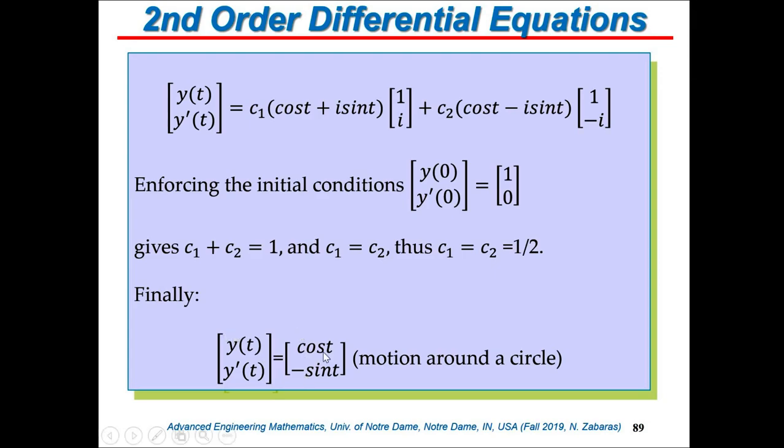The general solution that you get is y being cosine of t, and the velocity y prime of t being minus sine of t. So this is literally, if you think of the unit circle, a motion around the unit circle, and obviously there is no damping, so this motion keeps going forever, and it's given by y of t equal to cosine of t.